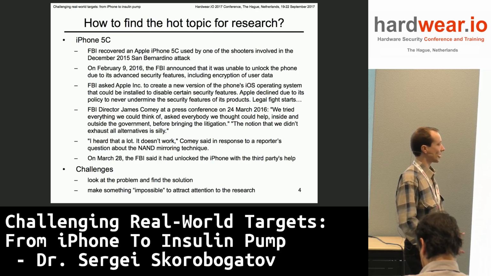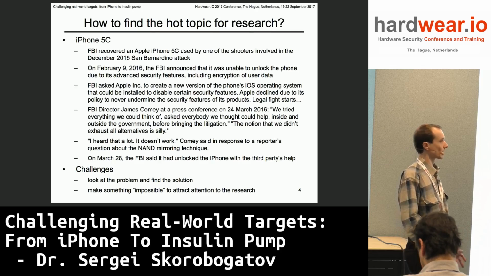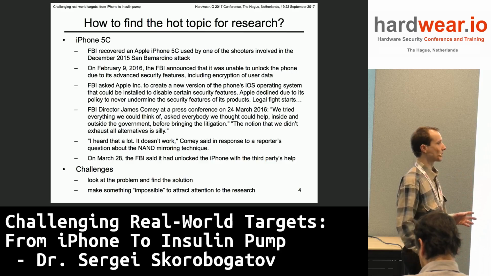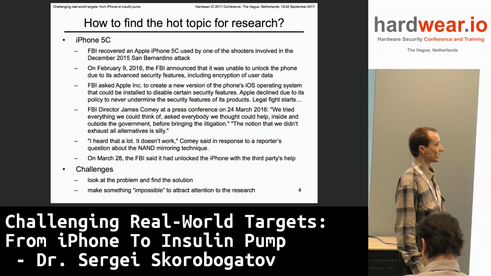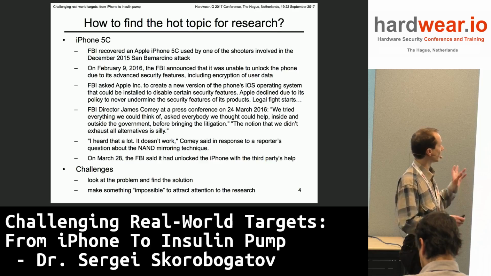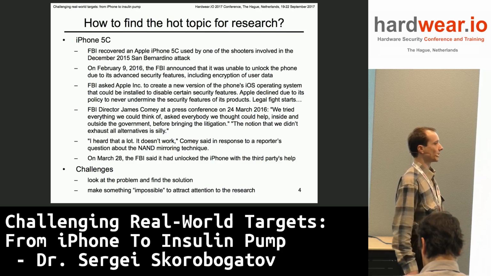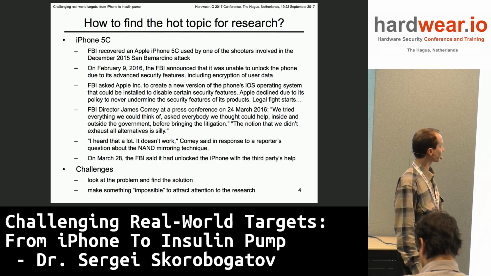But unfortunately, Apple didn't want to cooperate, because FBI wanted them to update their operating system so that they can try as many passcodes as possible. And in iPhone 5C, it is the operating system that prevents you from entering more than 10 attempts.